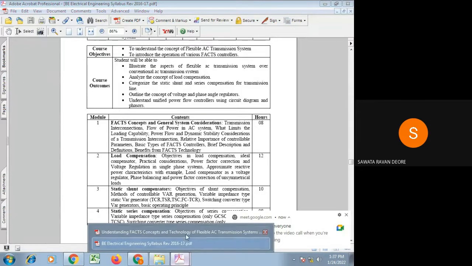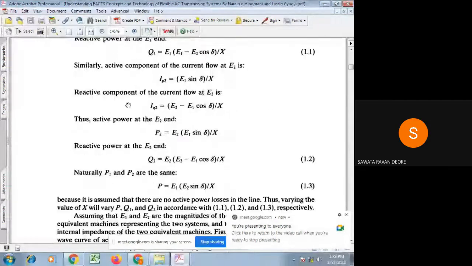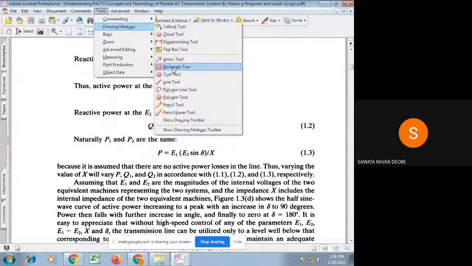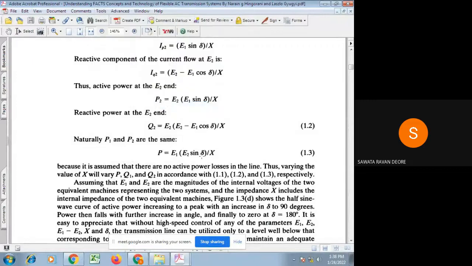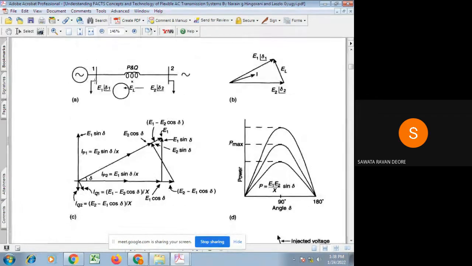We came to the conclusion that the power P flowing through a transmission line is a function of the magnitude of one end voltage, the magnitude of the other end voltage, the transmission line reactance, and the angle between both end voltages, E1 and E2, in a given two machine system.